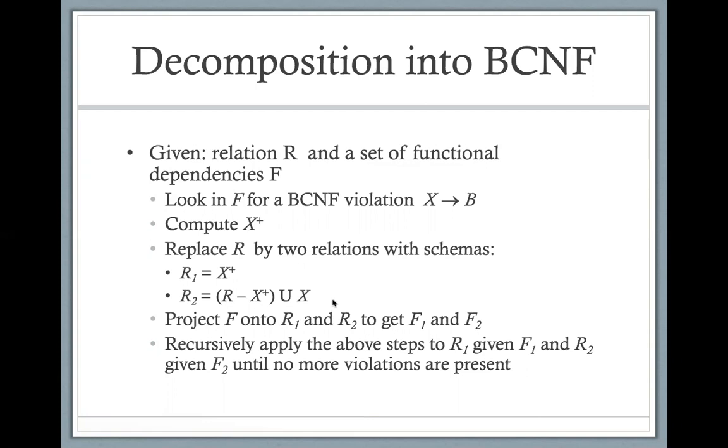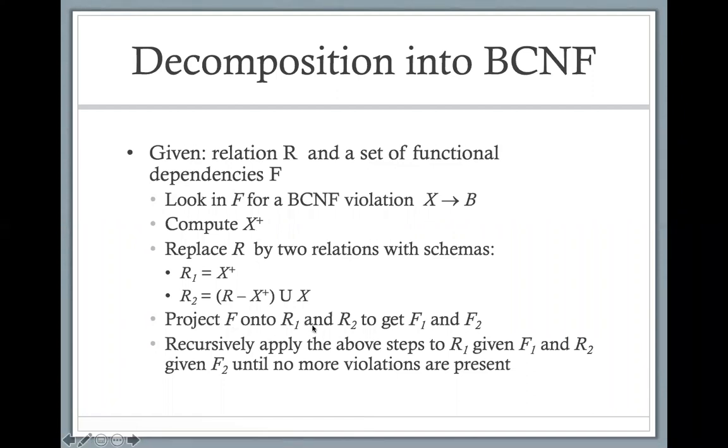So I compute X plus, the closure of X, using the functional dependencies F, and then replace R by two relations as follows. The first one is the closure of X, so all the attributes that depend on X, and X. The second one is all the other attributes and X. I'll explain this using an example in a second. Then you project F onto R1 and R2.